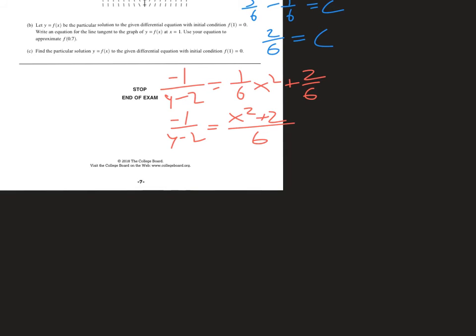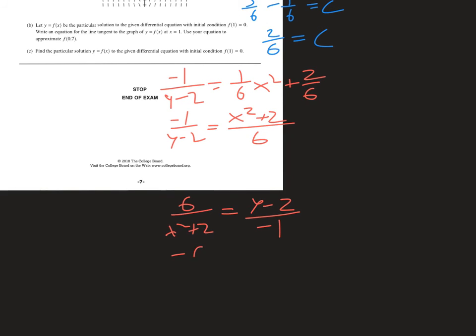What I'm going to get here is 6 over x squared plus 2 is equal to y minus 2 over negative 1. I'm going to move that negative 1 over to the other side here.